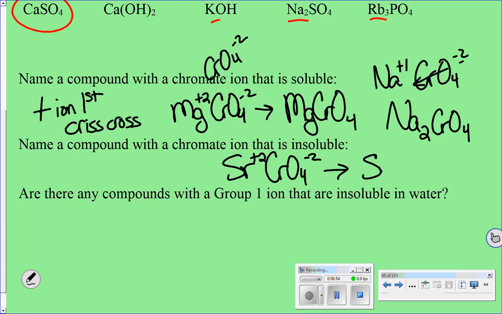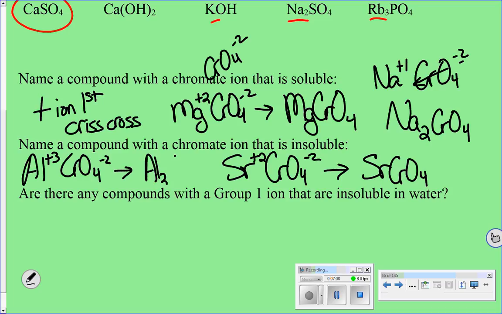It's going to nicely just be SrCrO4. You can pick something like aluminum, for example, which has a +3 charge. You are going to have to crisscross this one and need parentheses. There's a lot going on there, so it's easier to pick something whose charges will cancel.